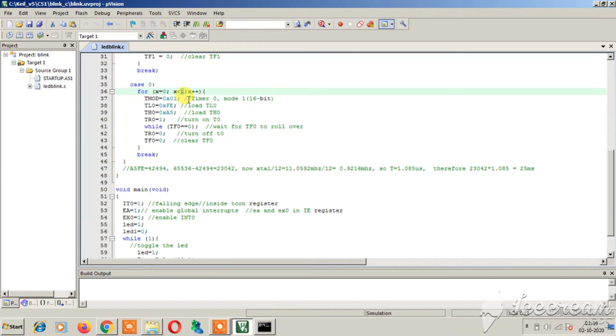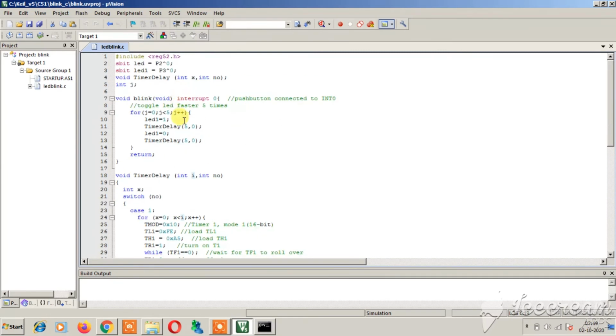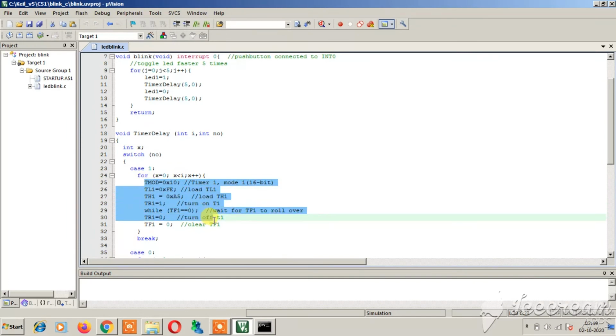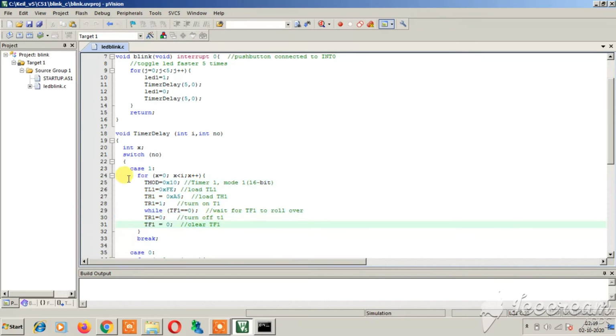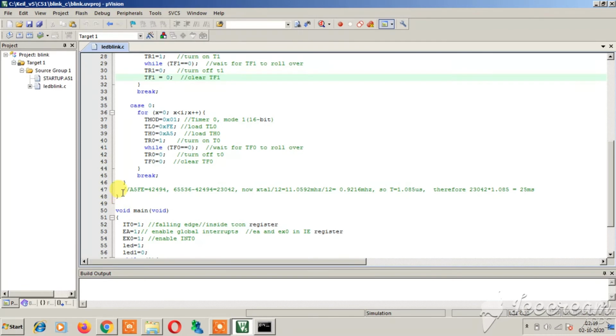So if this I value is 20 and this number is 0, timer 0 will generate a 500 milliseconds delay by using this code and with this for loop. I think you can understand the explanation here.